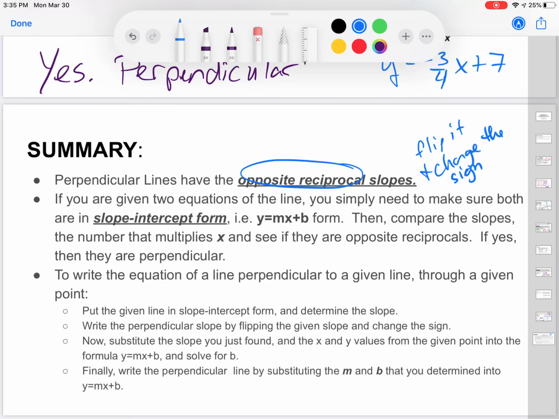Then you substitute the x and y coordinates into your slope-intercept form and calculate b, the y-intercept. Once you have your b and your perpendicular slope, you can write the equation by plugging into y equals mx plus b, replacing the m with your perpendicular slope and the b with the y-intercept you found, and then you're done. You will have successfully written your equation of a perpendicular line.